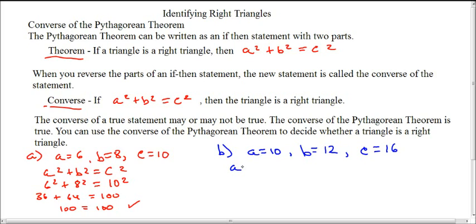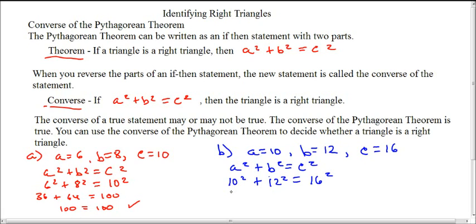We'll have a squared plus b squared is equal to c squared. 10 squared plus 12 squared is equal to 16 squared.